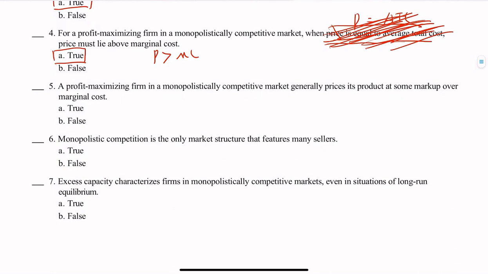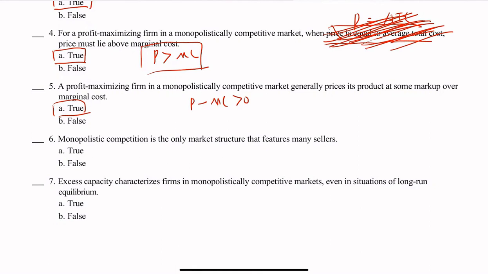A profit maximizing firm in a monopolistically competitive market generally prices its product at some markup over marginal cost. So according to this result, we know that this is true. Again, markup essentially means price minus marginal cost. So if this is larger than 0, then this implies there exists markup.